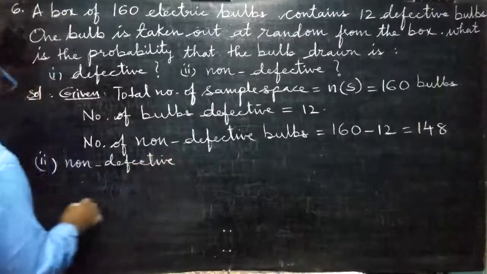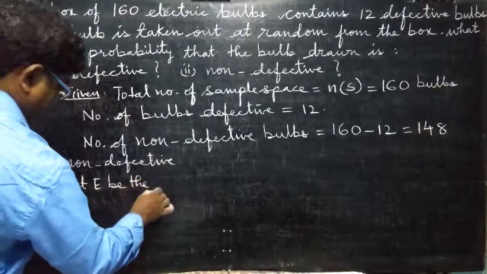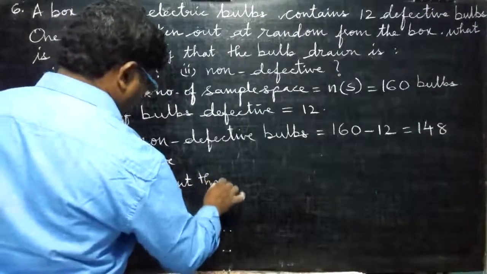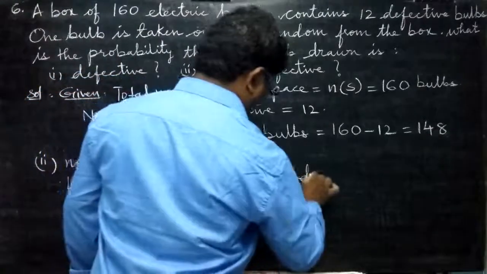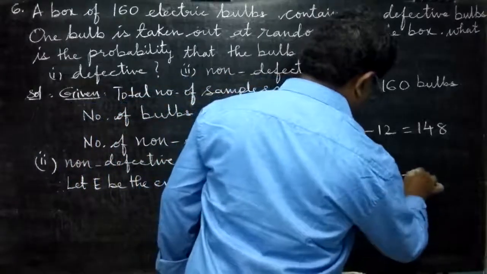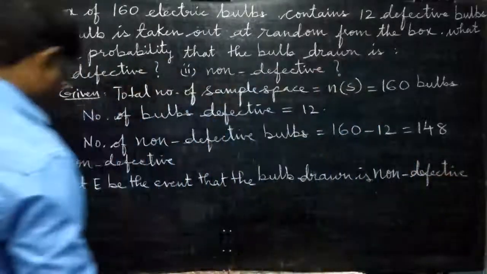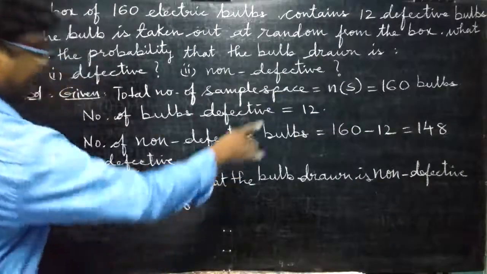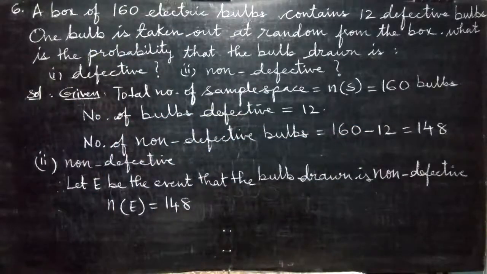So therefore, let E be the event that the bulb drawn is non-defective. So N of E, how much we got? 148, because 160 minus 12, 148 is non-defective bulbs.